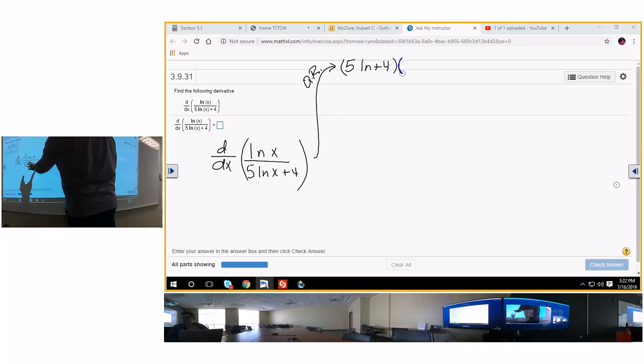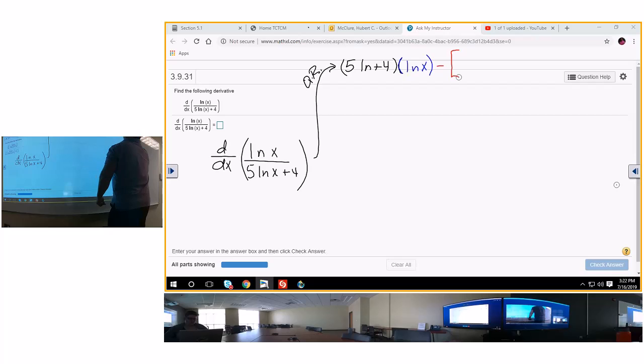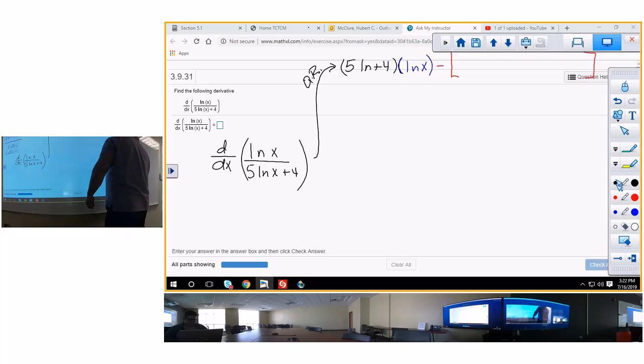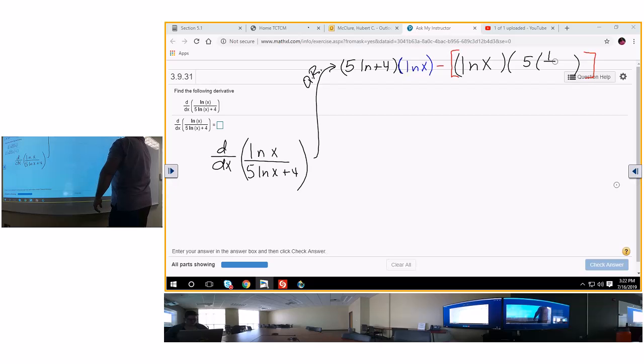Numerator prime is going to be natural log of x minus, bracket, and then we're going to have numerator times denominator prime. Well, what is the derivative of the natural log of x? So that's going to be 5 times 1 over x.